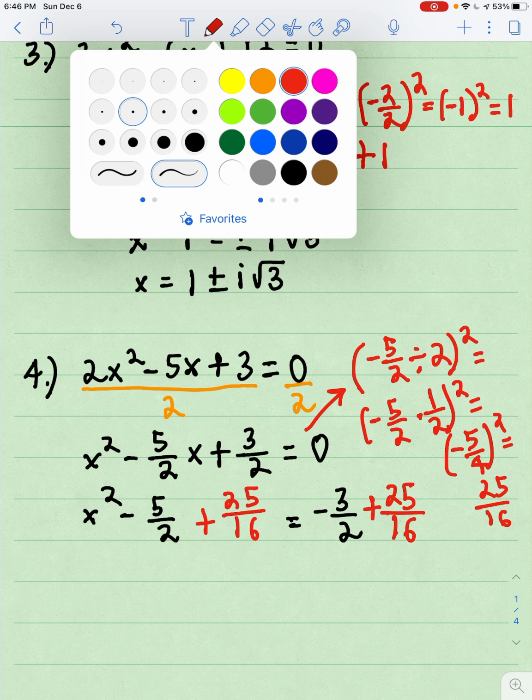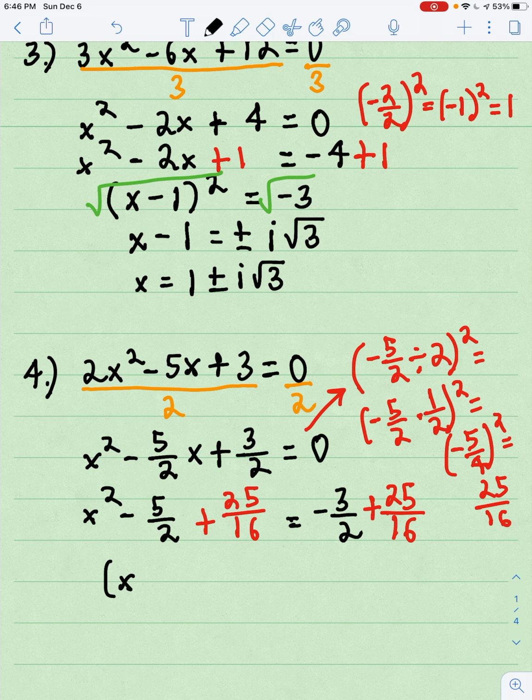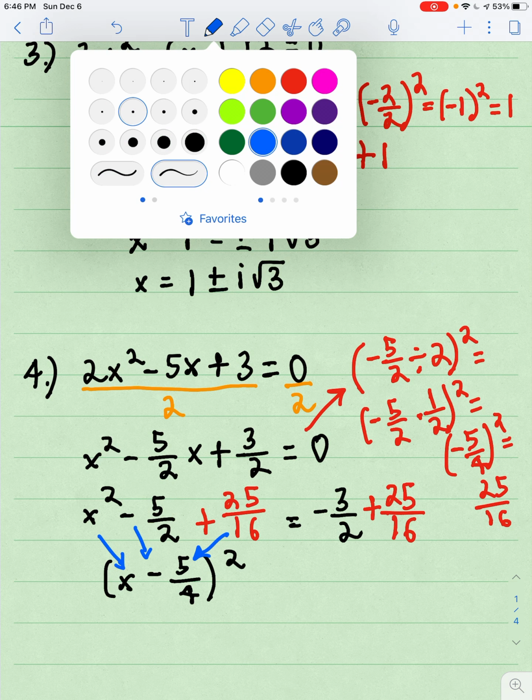And now when we rewrite it, this is where leaving it as a fraction is great, because that becomes 5 over 4. Remember, the square root of the x squared here and the 25/16, or half of b, same thing, and then the middle term sign there will help you.